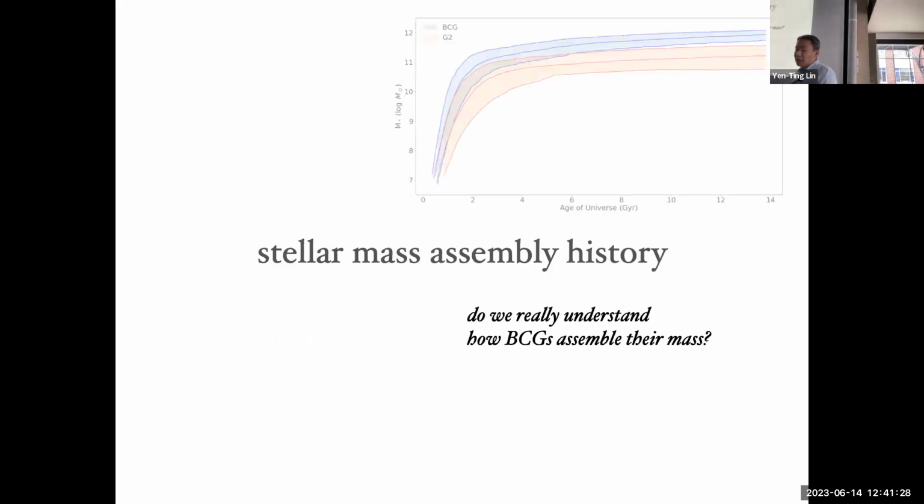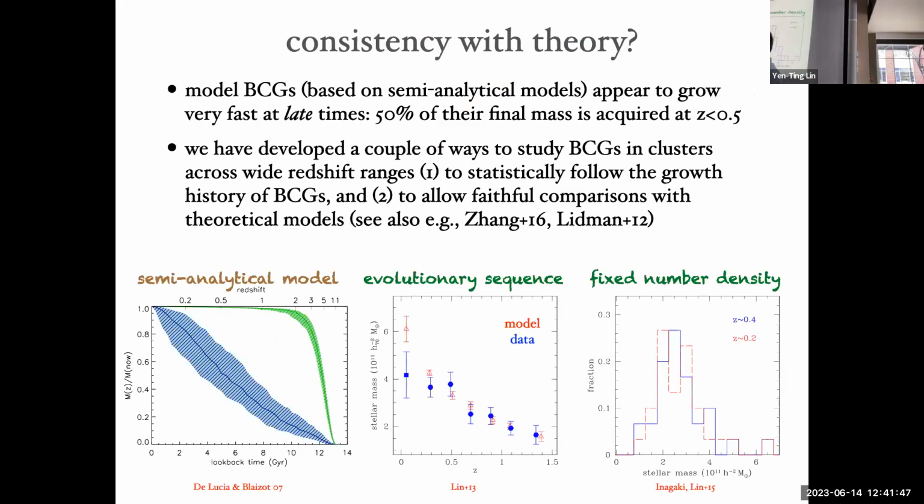So that's about the BCG specialness. Then I want to talk about the stellar mass assembly history of BCGs. Basically, I want to know, do we really understand how BCGs assemble their mass at redshift less than 1? Lambda CDM predicts quite a few mergers taking place at the very inner parts of massive halos like clusters.